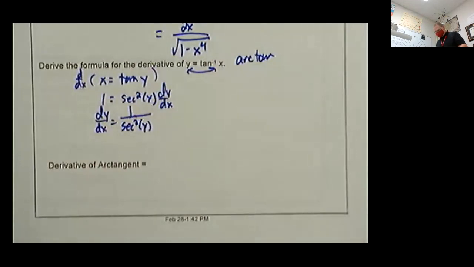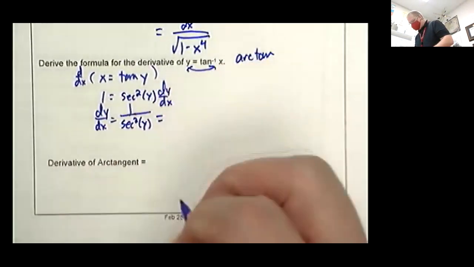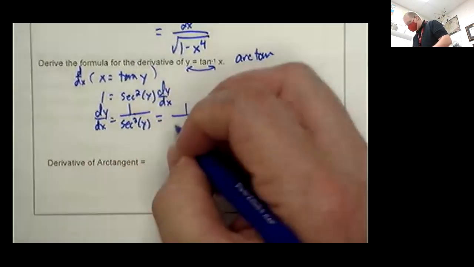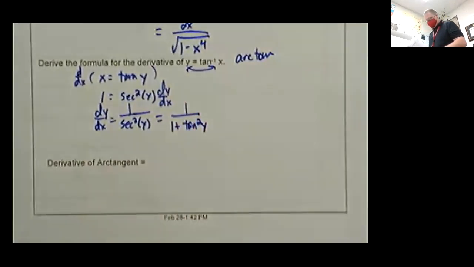All right, what are we going to do with that? Well, we're going to recall that secant squared of y is an identity. We're going to plug in a Pythagorean identity there. And that is 1 over secant squared is 1 plus tangent squared of y.